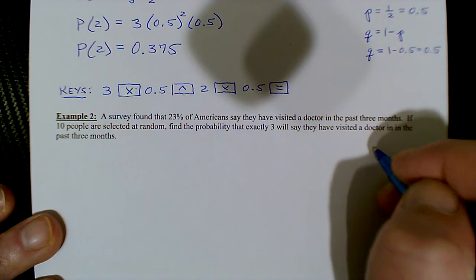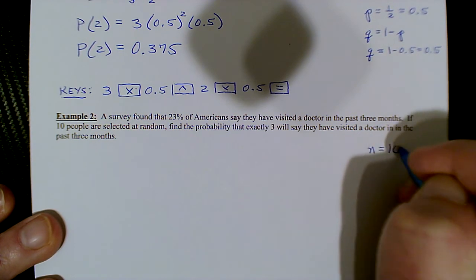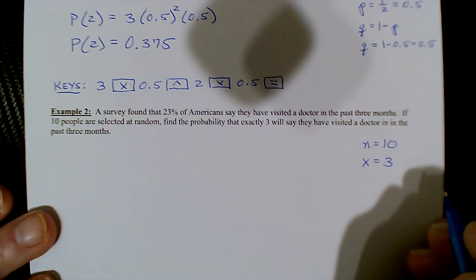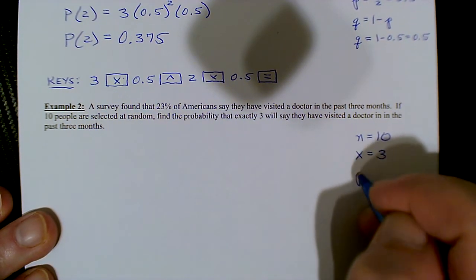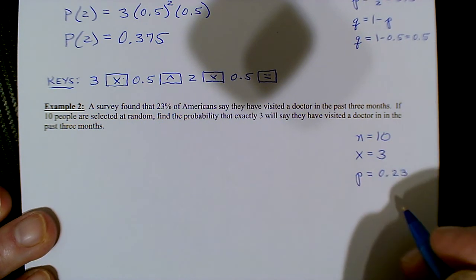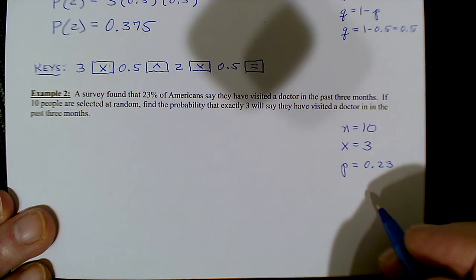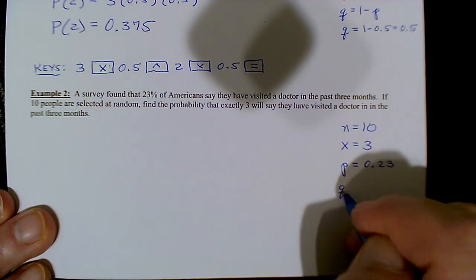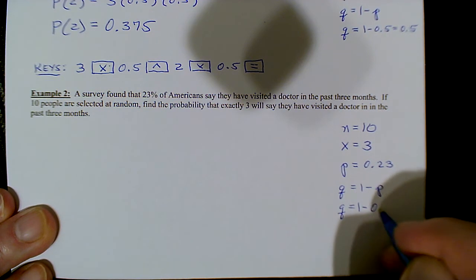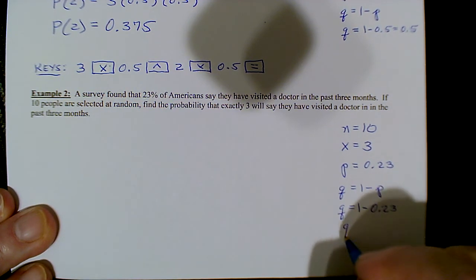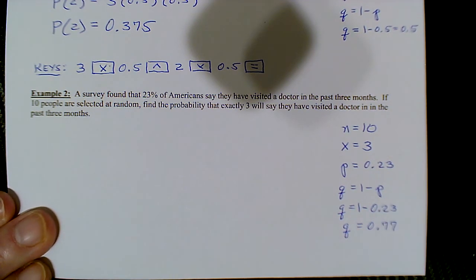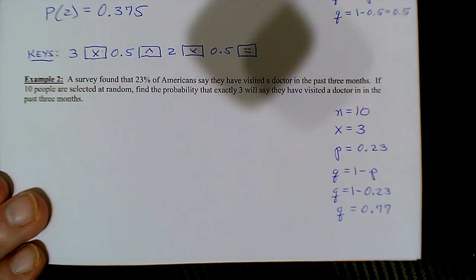Okay, so basically there's 10 trials, there's 10 people. The value of X we consider to be 3.